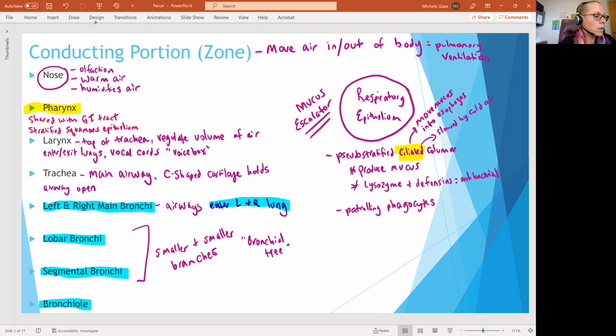And when we get to the bronchiole, we're going to see these are quite a bit smaller. So these are about 1 millimeter in diameter. This is where you can have your smooth muscle allowing for bronchoconstriction or bronchodilation.